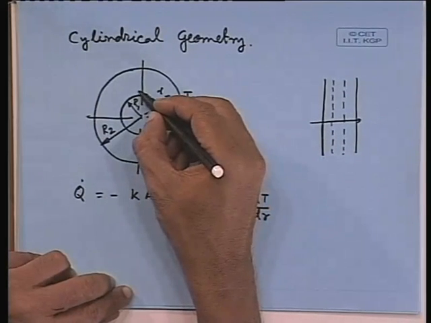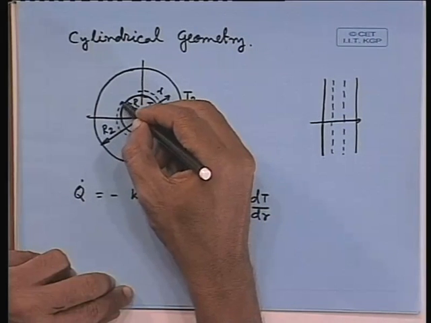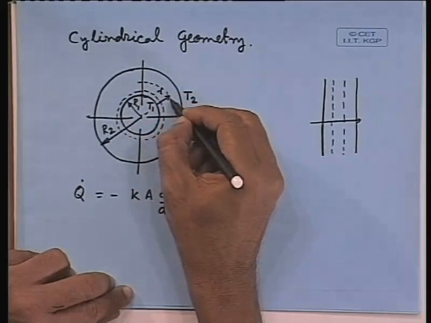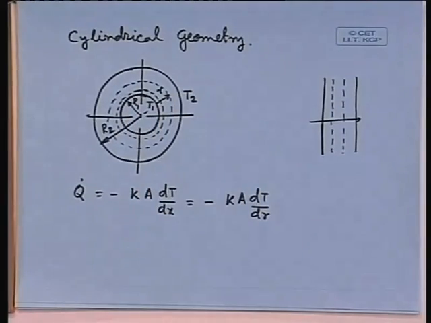But in the case of the cylindrical geometry, outer surface area, some intermediate area, then some other intermediate area. So, we can see that the intermediate area is different from the inside surface and different from the outside surface. In fact, as we go from the inside surface to the outside surface, the intermediate area of cross section through which heat is flowing changes.